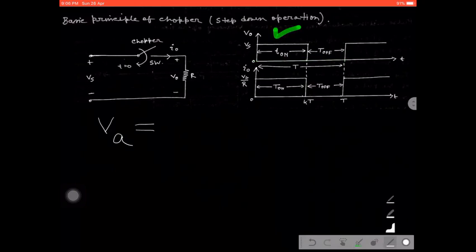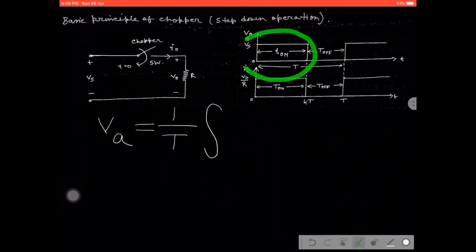So the positive peaks is 1, divided by the complete cycle T, integration over the confined region of the particular peak. This peak is confined in which region? It starts from 0 and ends at T on. That is why the confined region is 0 to T on.